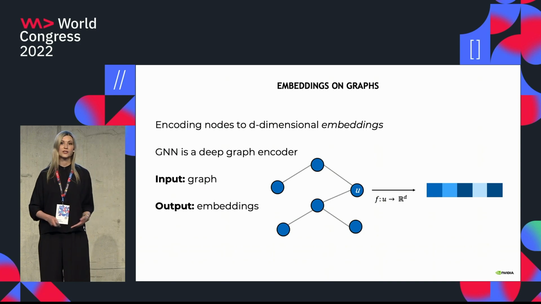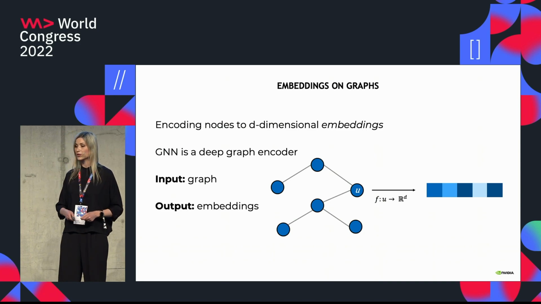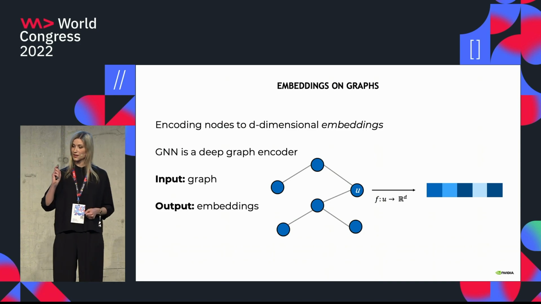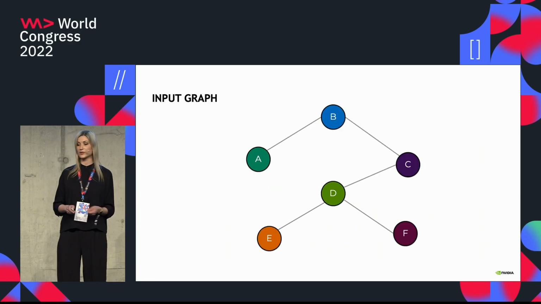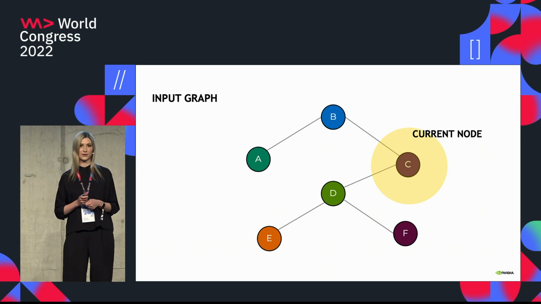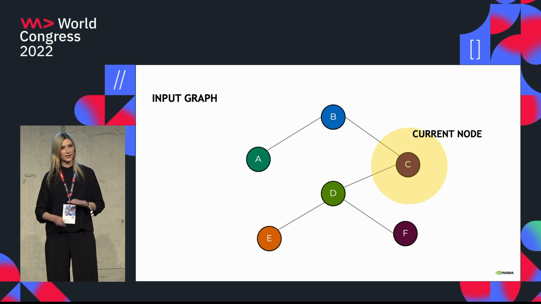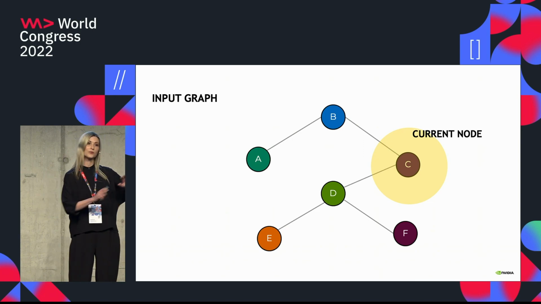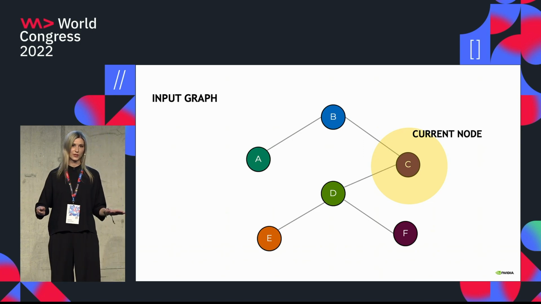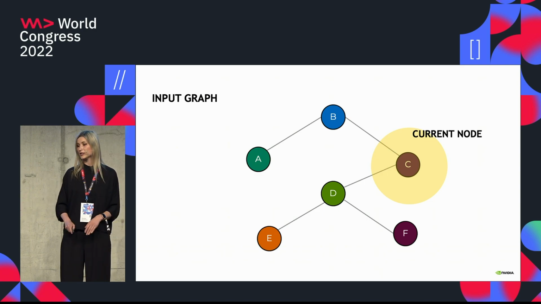In order to learn that, we need to apply an algorithm called message passing. So let me show you how message passing works. So this is our input graph, and let's say we start from the node C. A cool thing about graphs, they are permutation invariant, which means that we can start from whatever node we want, and the result will be the same.